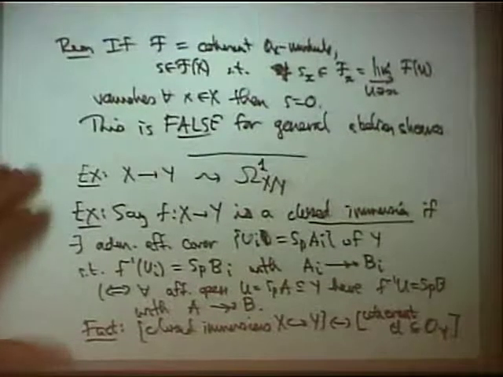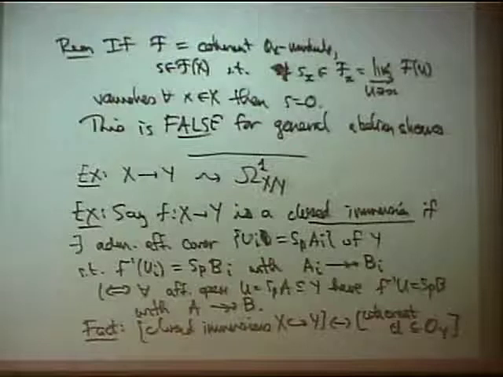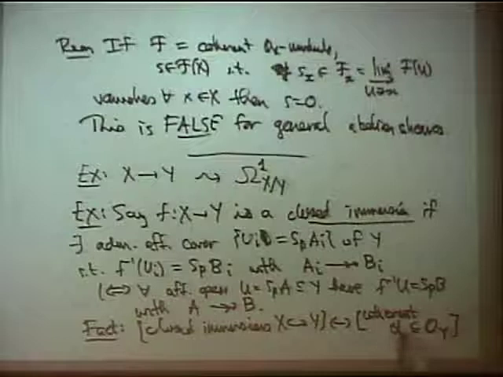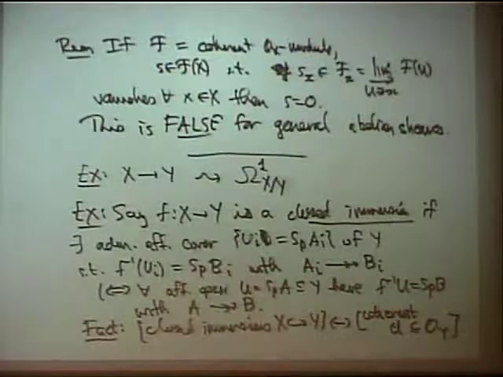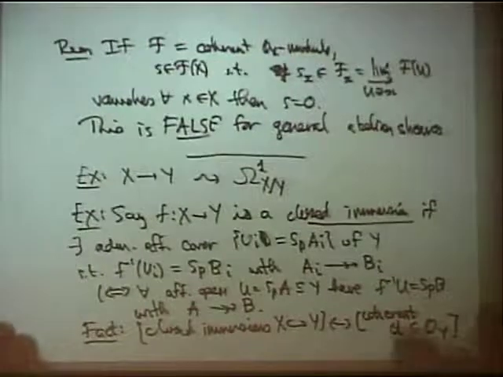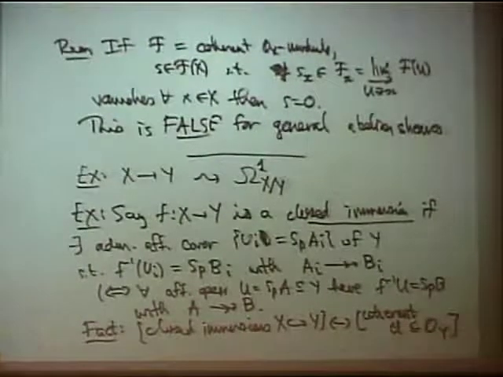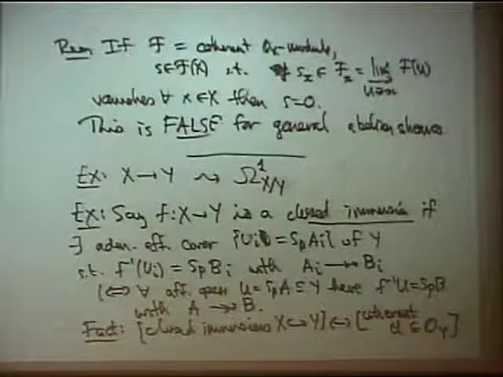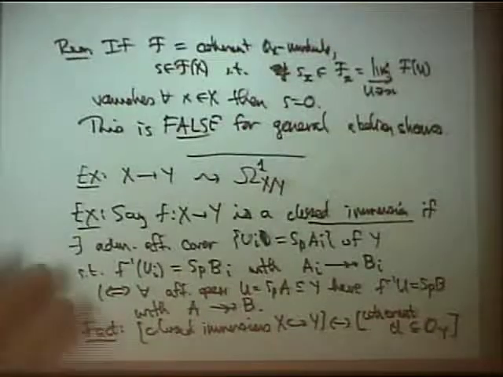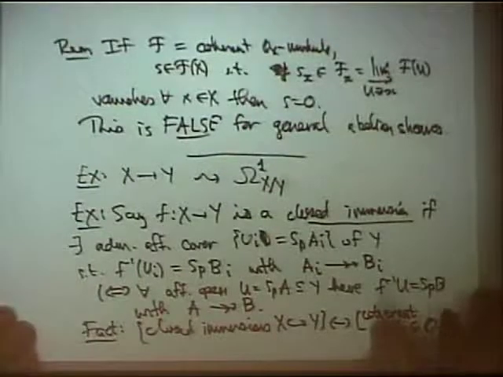So you can classify closed immersions, or think about them, by working with coherent sheaves of ideals, which is to say coherent sheaves of modules inside of the structure sheaf of the target space. So that's a very nice notion of closed immersion. And again, if you start with algebraic schemes and a closed immersion there, and you analytify, you will always get a closed immersion in this sense.